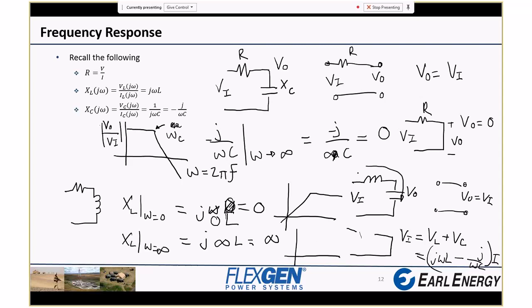So we said the low frequency function of this is to pass. The high frequency is to attenuate. And then at this corner frequency where omega L equals 1 over omega C, you get this resonance.